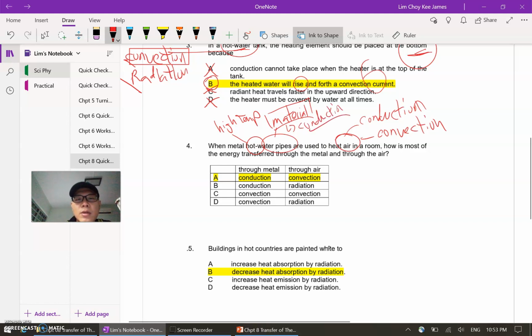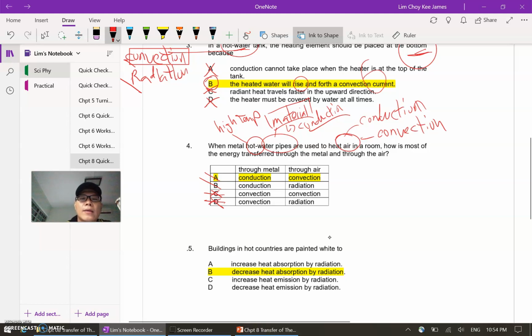The process that we're looking for is conduction. So heat transfer through the metal pipe is through conduction. You'll find that A and B are possible answers, so you knock out C and D already.